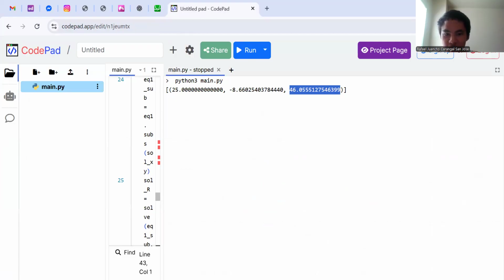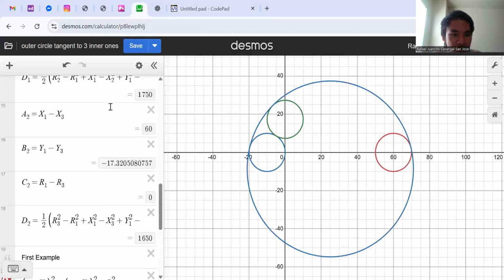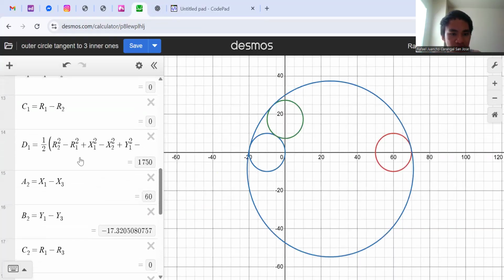Negative 8.66. Where did they get that? Wait, I think I just messed up my computation. I think that's it. My A2 D1, A2 is 60, D1. Is this really 1750?